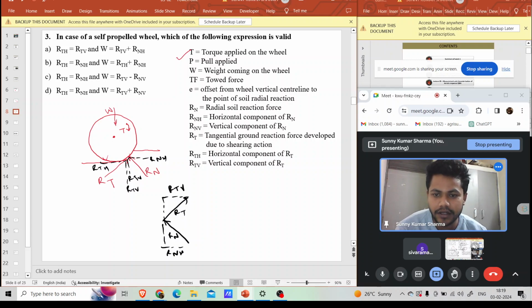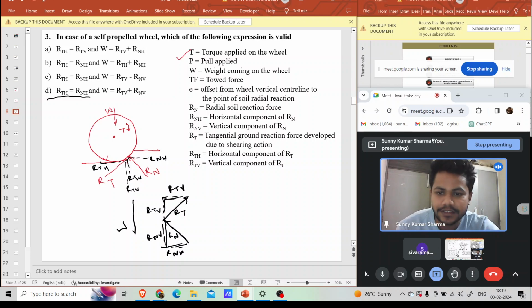This is RTV. What you said, D, right? This is RTV and this is RNV. So this RTV and this RNV will take care of the weight coming on it, and this RTH and this RNH will be opposite each other, and this is nothing but zero slip condition.